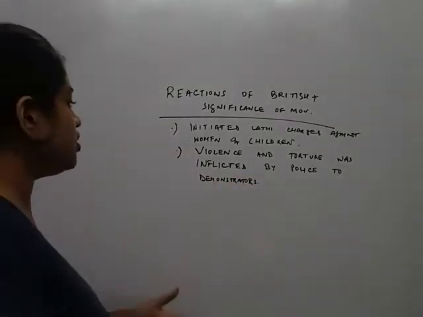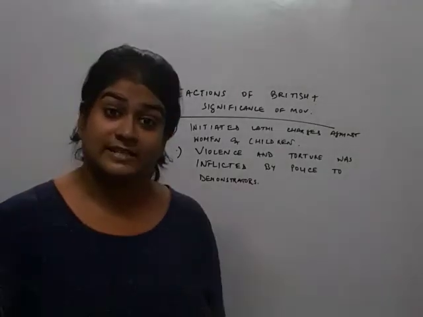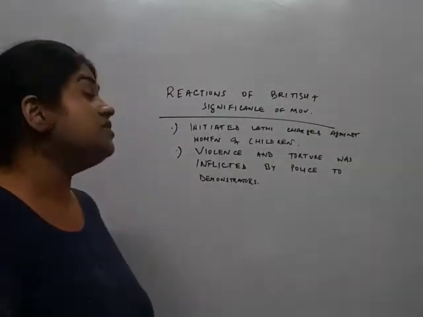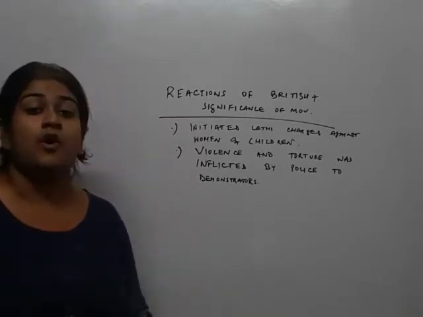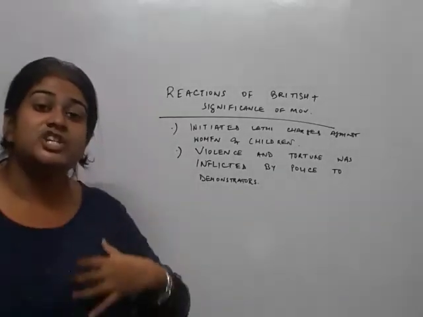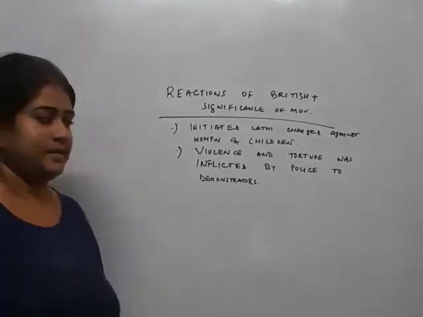So violence and torture was inflicted by the police, British police, on the demonstrators. Okay, that is the people who demonstrated or guided the masses to initiate and proceed forward the movement.